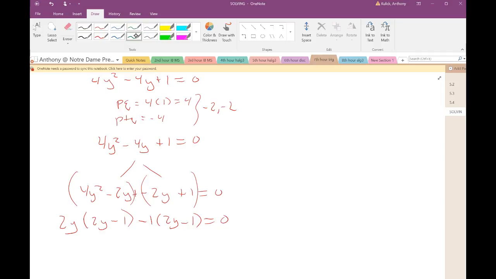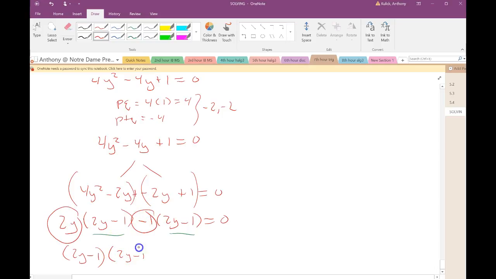And you'll notice that in each of these terms we have this 2y minus 1 part in common. So that can act like a greatest common factor, and I can take the 2y minus 1 part off, and I have a 2y minus 1 part left.